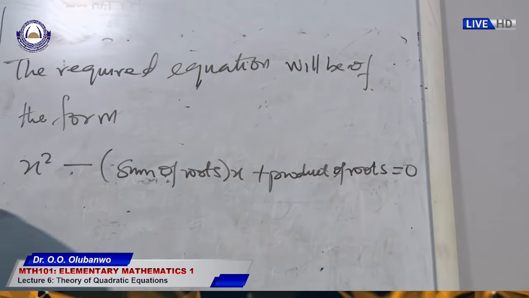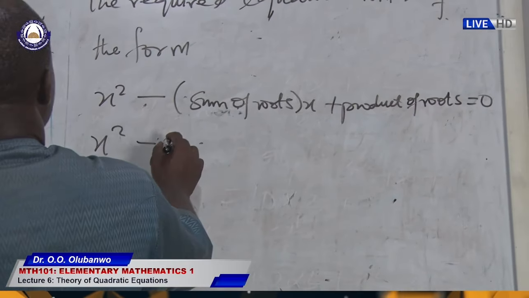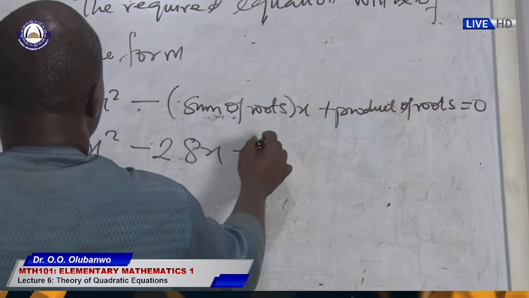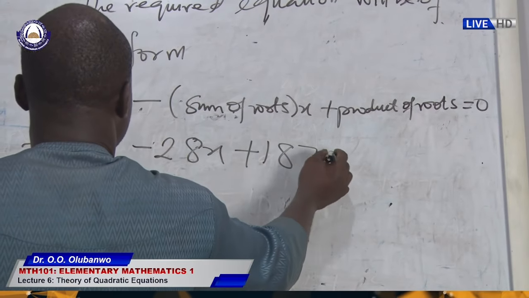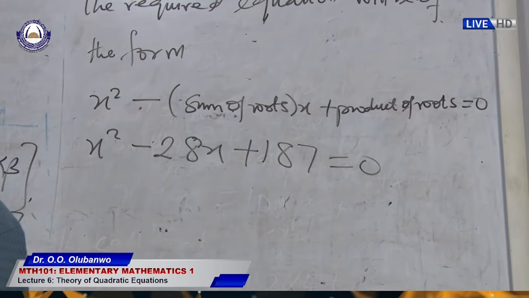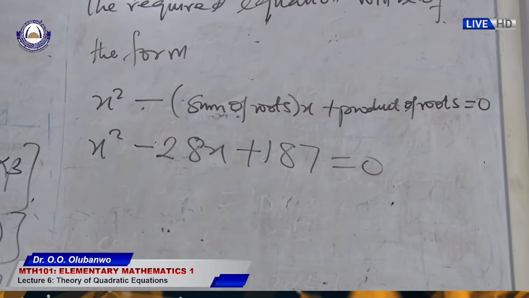So it will be x squared minus 28x plus 187 equals 0. This is the required equation for this problem we are solving. Please, let's write back.